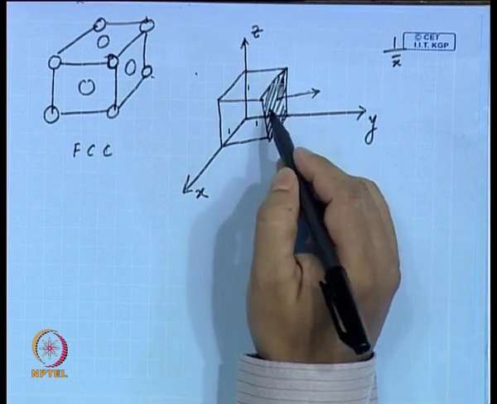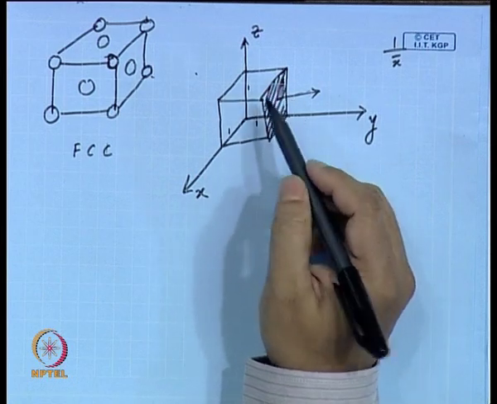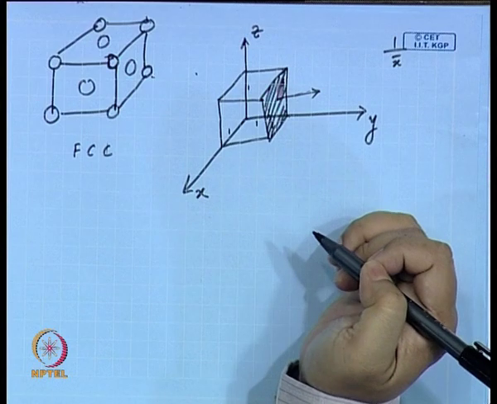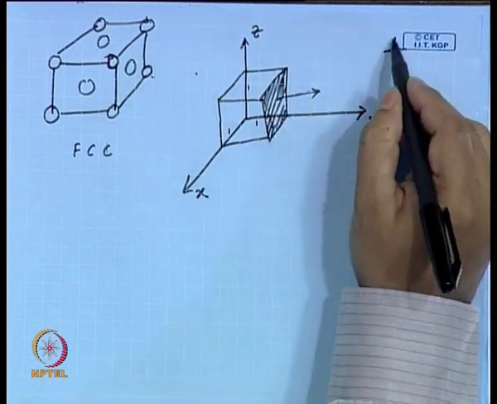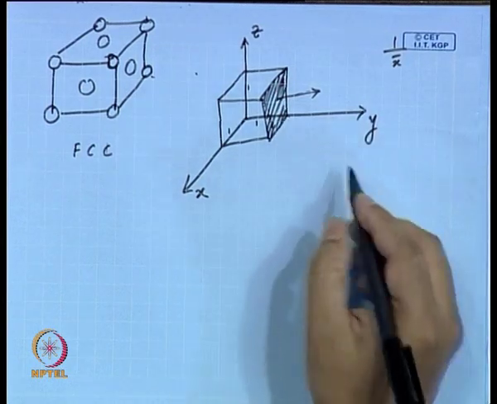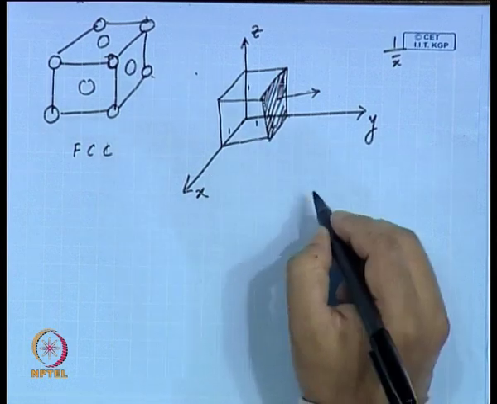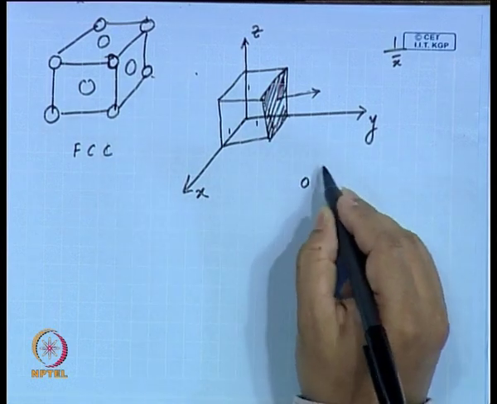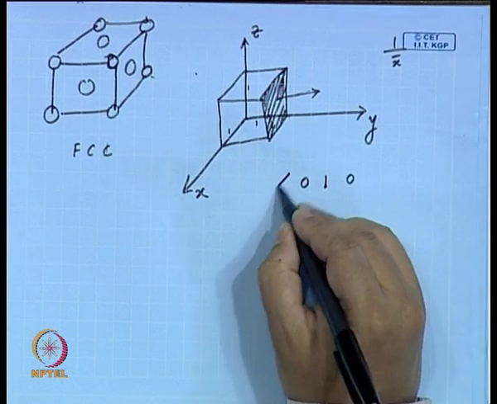So, you can say it cuts at infinity as far as intercepting the z axis or x axis is concerned. So, if I take the reciprocal of this intercept, I see that only y is present there: x is 0, y is 1 and z is 0.